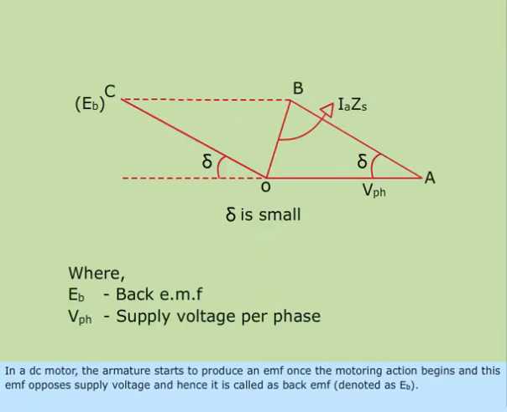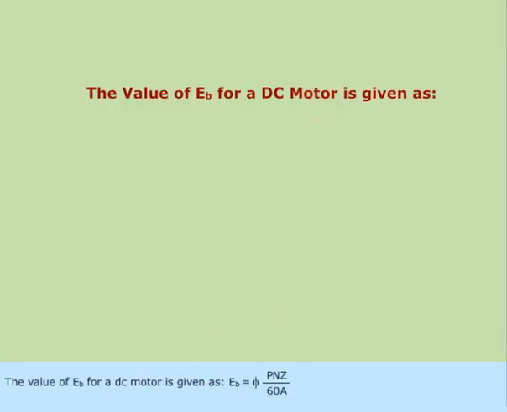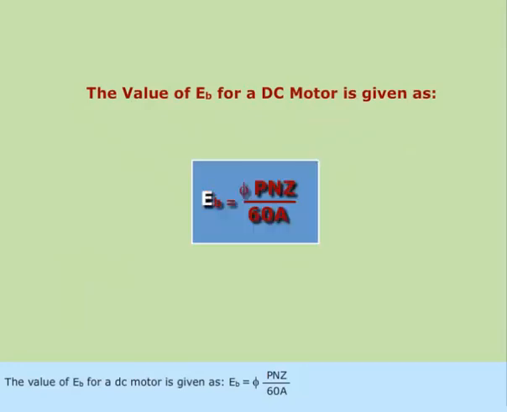In a DC motor, the armature starts to produce an EMF once the motoring action begins, and this EMF opposes supply voltage, and hence it is called as back EMF, denoted as E sub B. The value of E sub B for a DC motor is given as E sub B equals phi times PNZ over 60A.